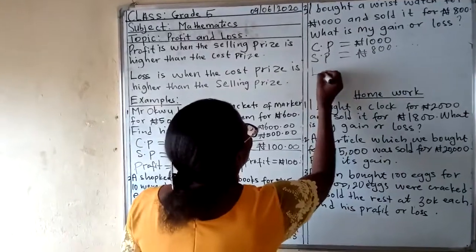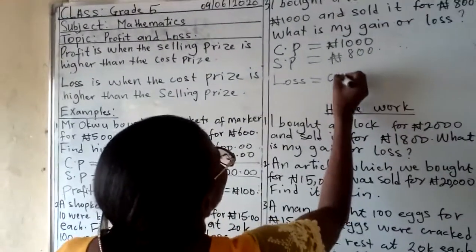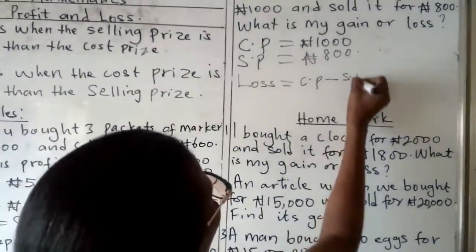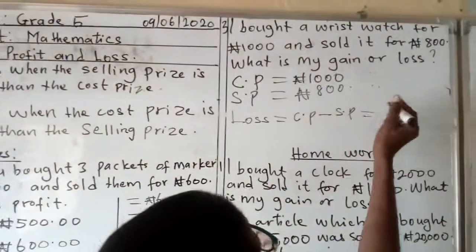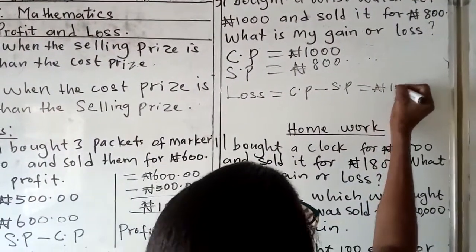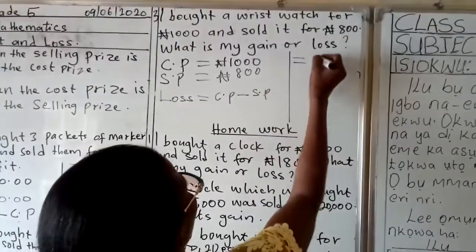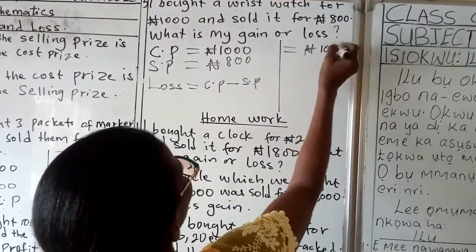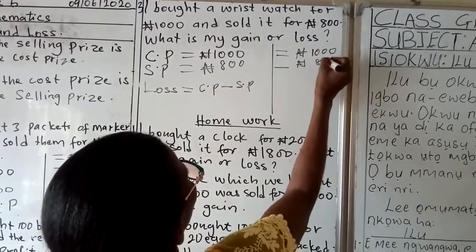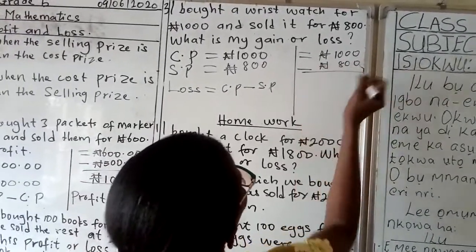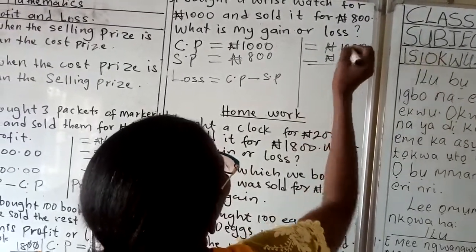So loss equal to CP minus SP, which is 1,000 naira minus 800 naira. 0 minus 0 will give us 0. 0 minus 0 will give us another 0. 0 minus 8, which you know it cannot.